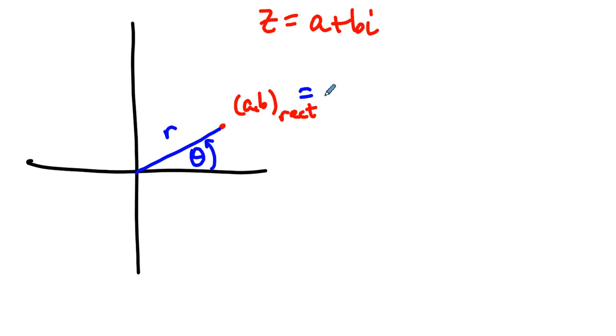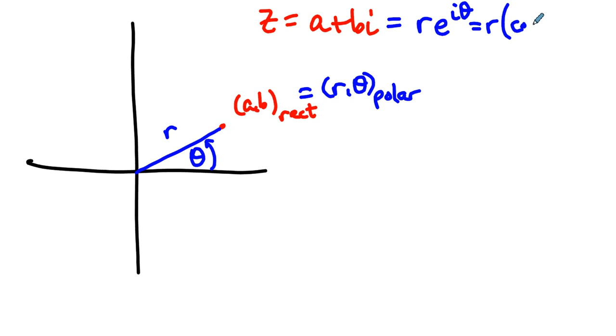And so we could think about this as the polar point (r, theta), and then that turned into r times e to the i theta, which turned into r times cosine theta plus i times sine of theta, right? And all of these work together to express the same complex number. So all fine.